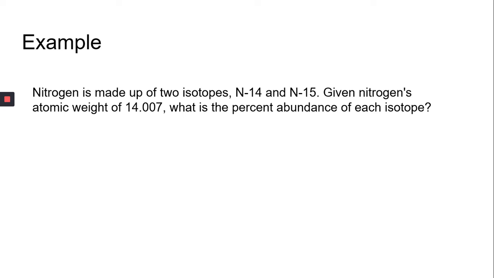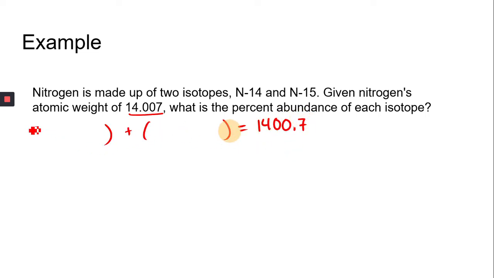So remember, when we find the average mass, we end up dividing it by 100 to get this average answer. So the first thing that we're going to do is take that 14.007 and multiply it by 100. So we get 1400.7.